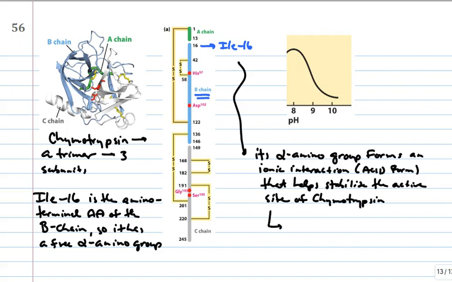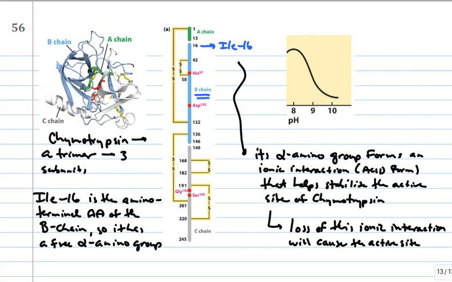As a result, loss of this ionic interaction will cause the active site of chymotrypsin, of our enzyme, to be, let's just call it malformed.